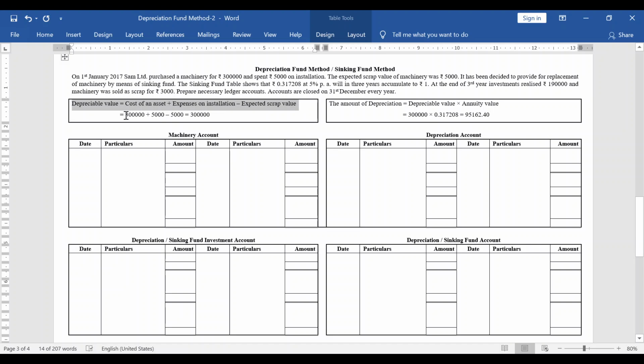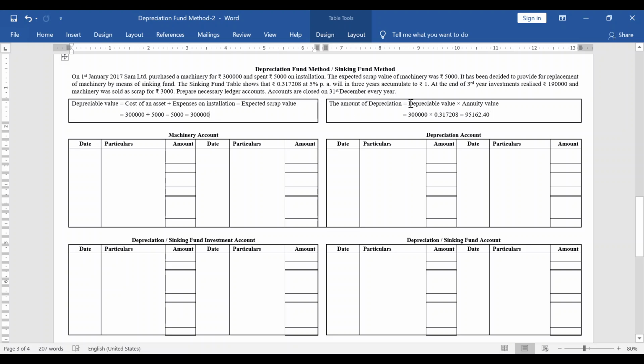Now, cost of machinery in this case is rupees 3 lakhs. Expenses incidental to purchase, that is expenses on installation, are 5,000 and expected scrap value is 5,000. So 3 lakhs plus 5,000 minus 5,000, the depreciable value of asset comes to rupees 3 lakhs.